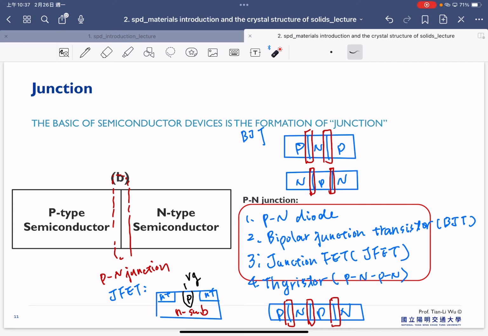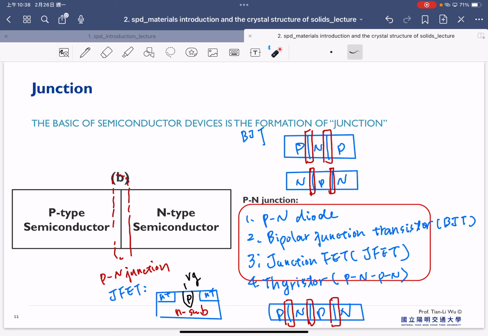So now I hope you can understand why the PN junction is super important. If you look at every semiconductor device book, once you finish the quantum mechanics, the first part starts to go through the detail related to the metal semiconductor junction and also the PN junction.